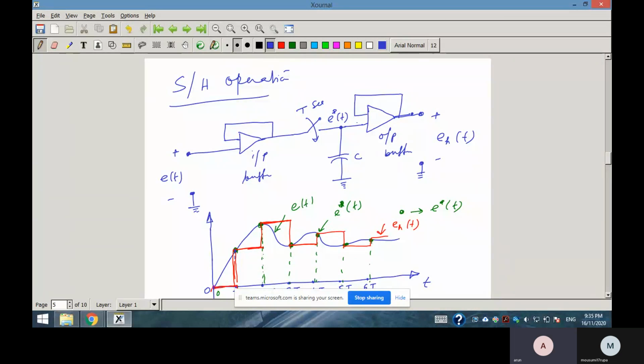Here again no discharging current will be there, just the voltage of the capacitor will appear here. Charging current will flow, but since this buffer has 0 output impedance, the capacitor will not get discharged, because the input impedance is very high. So that is the principle. That's why these buffers are employed. Okay.